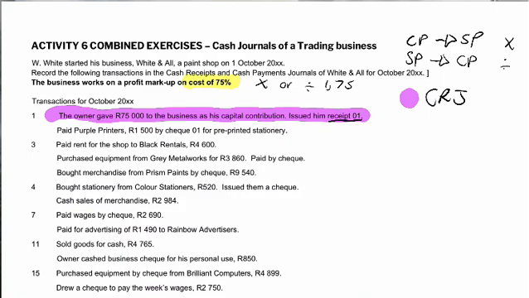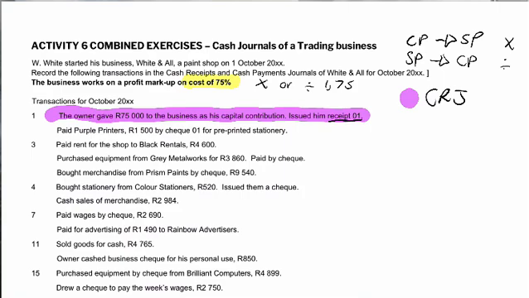On the same day, on the 3rd, purchased equipment from Grey Metal Works for 3,860, paid by check. CPJ, so we leave that blank. Still on the 3rd, we bought merchandise from Prism Paints by check. CPJ. Okay. On the 4th, we buy stationery from Color Stationers, 520 Rand, issue them a check.